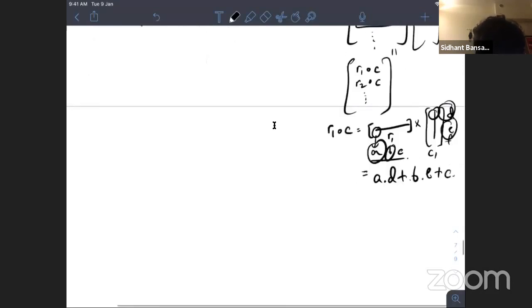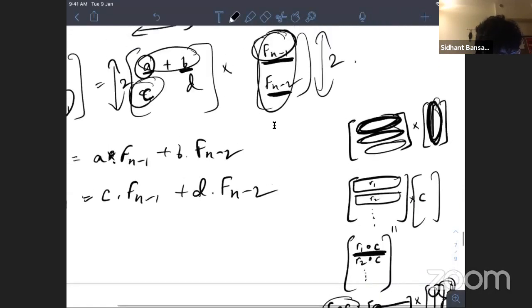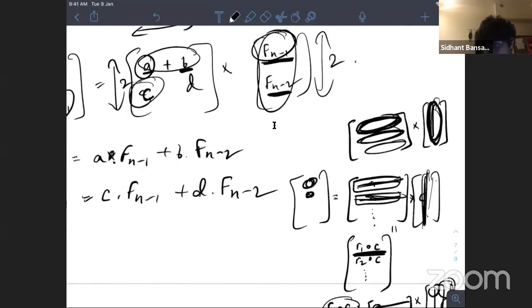That's the dot product. So this value is going to be R1 dot C, this value is going to be R2 dot C, and so on.